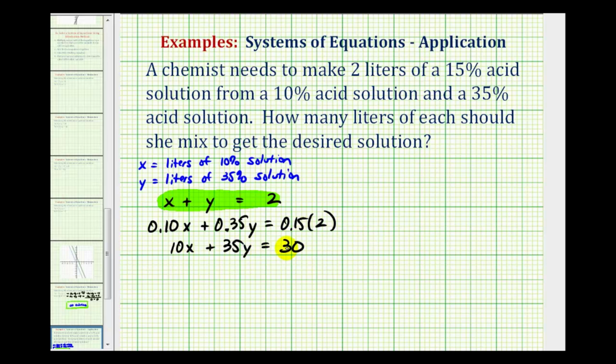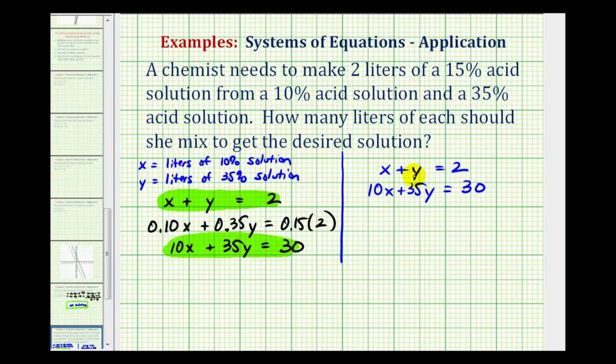So now we'll solve the system of equations using these two equations. So again, we have x plus y equals 2, and then we have 10x plus 35y equals 30.